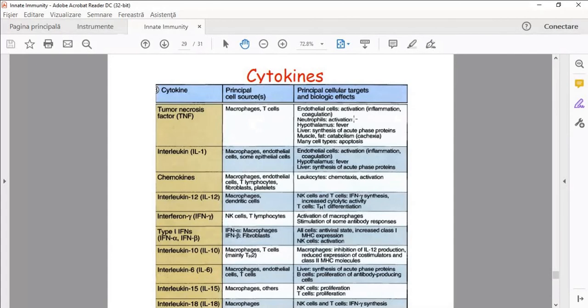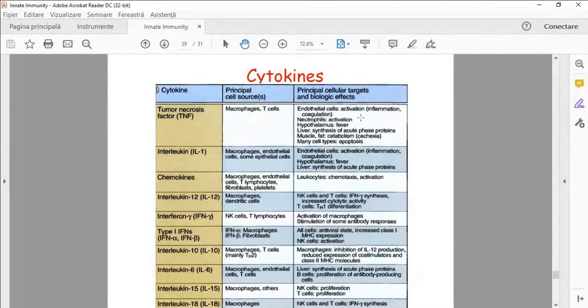But TNF also has a systemic influence because it induces fever and also induces hepatic synthesis and secretion of other pro-inflammatory cytokines such as interleukin-6, and reactants of the acute phase of inflammation will be synthesized and released.